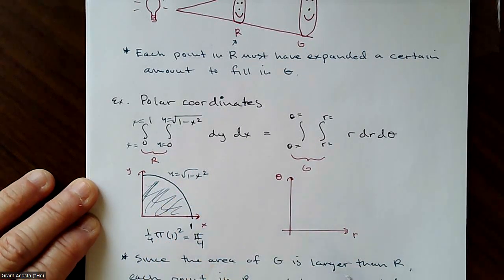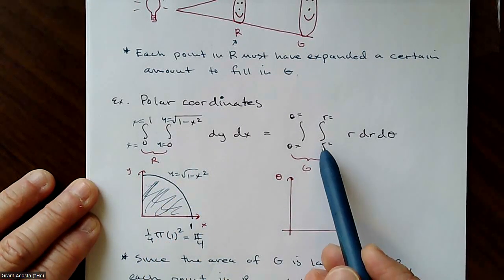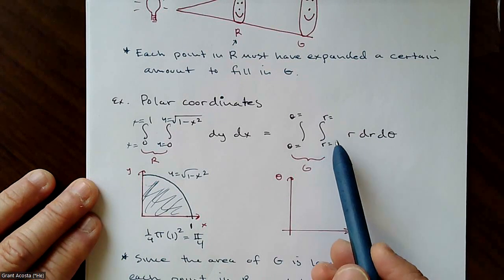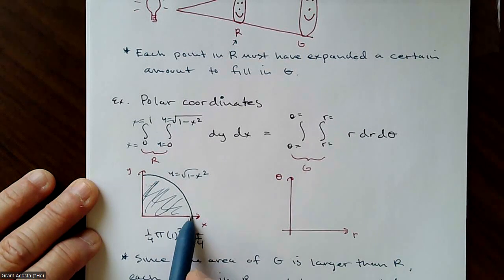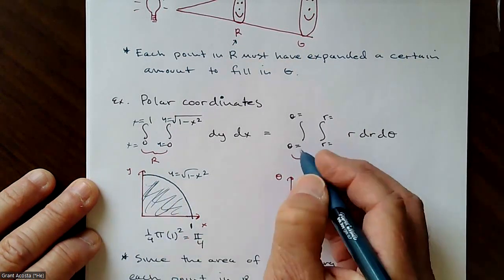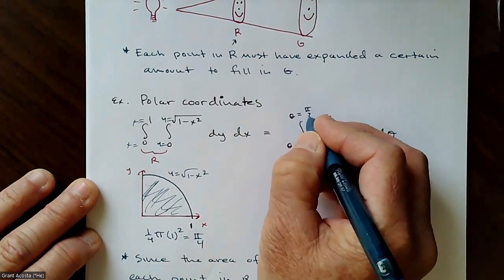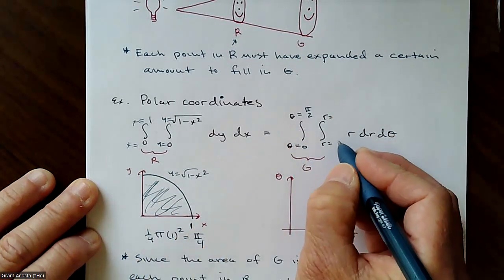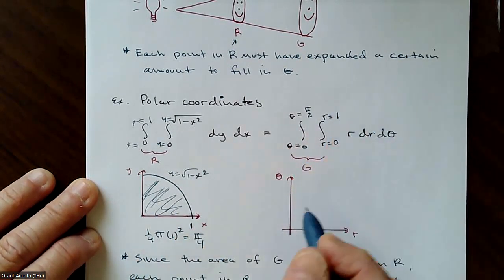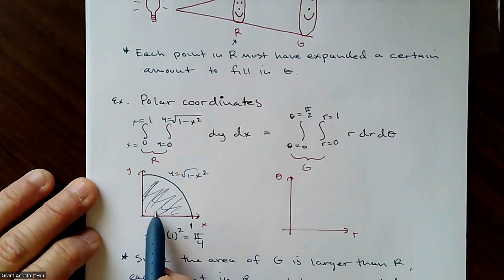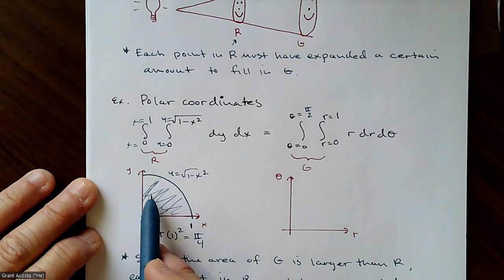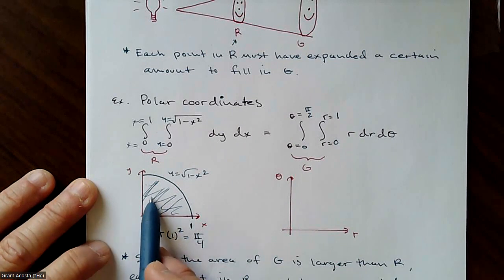It's pi over 4. If we were to convert it to polar coordinates, we know the conversion. Theta would just have to vary from 0 to pi over 2, and r would go from 0 to 1. And if we think of the true definition of r and theta and what they mean, we recognize that as a quarter of a circle.